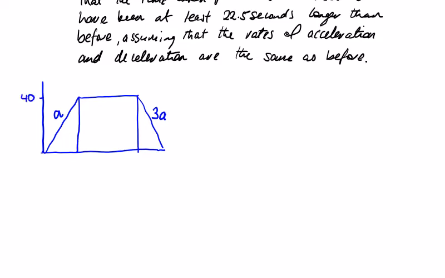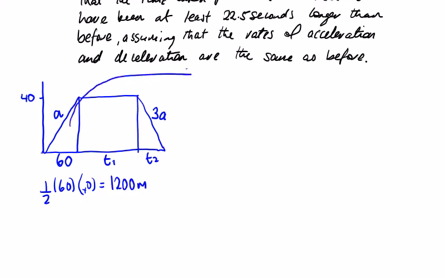So first of all, I can get my A. So we're told it was in the first minute, so I've got a 60, and I call this T1 and T2. So half the base by the height is the distance covered in here. That's a 40, just let me tidy that up. It's going to be 1200 meters.